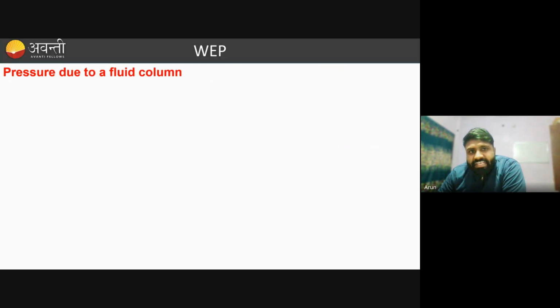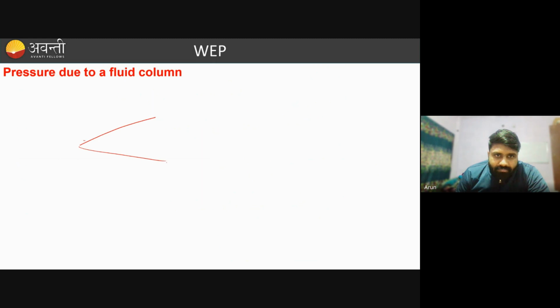Now, pressure due to a fluid column. What is pressure? Firstly we need to understand the concept of pressure. Let's say here we have a surface, and on this surface we have applied a force at an angle theta.